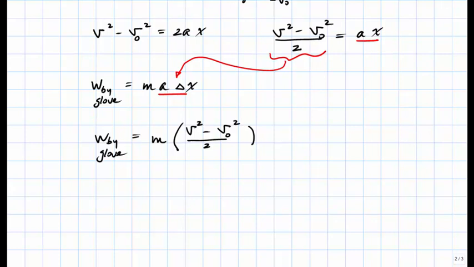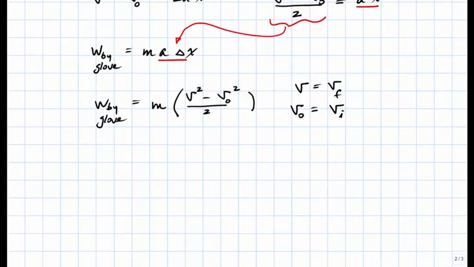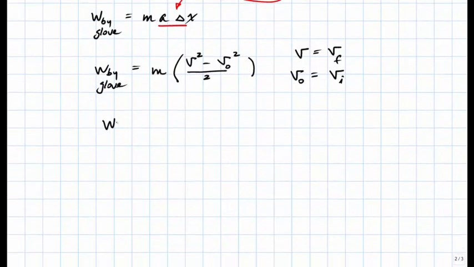Let's also note that v from 1D motion refers to final velocity. So v is really referred to as vf, and v0 will be referred to as vi in the context of energy and work. And as a result, the work done by the glove on the ball could be written as m times v final squared minus v initial squared, divided by 2.